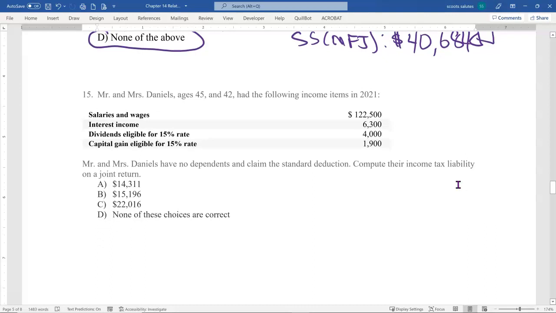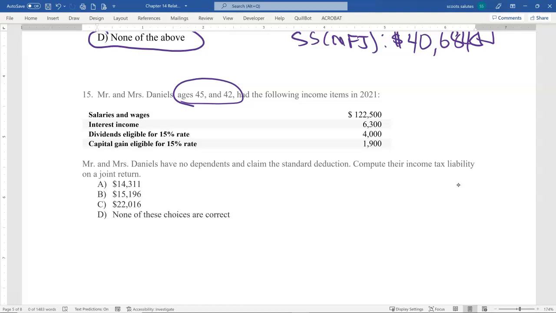Okay, and then here we look at one that kind of walks us through the whole process. So Mr. and Mrs. Daniels, age 45 and 42, notice we're not going to be dealing with old age, had the following income items in 2021. Old age meaning no addition to their standard deduction, and it doesn't mention anything about being legally blind. So they had salaries and wages of $122,500.